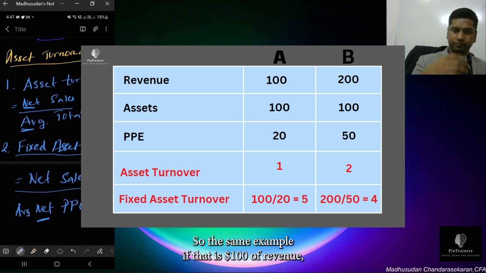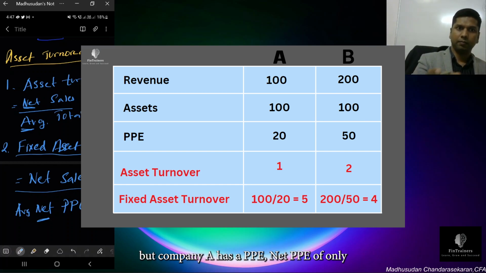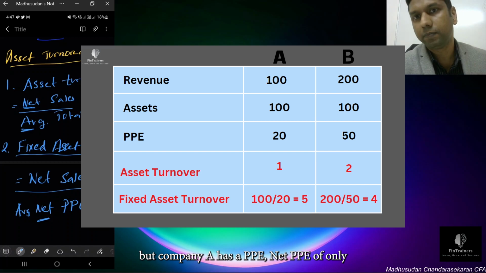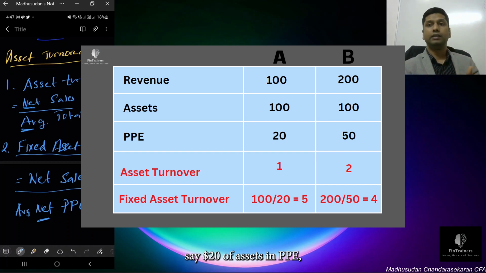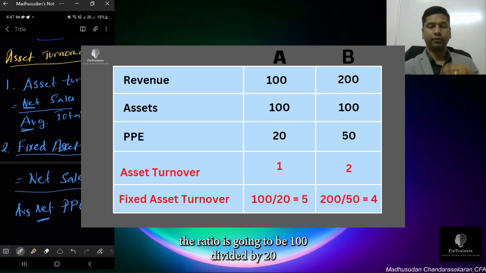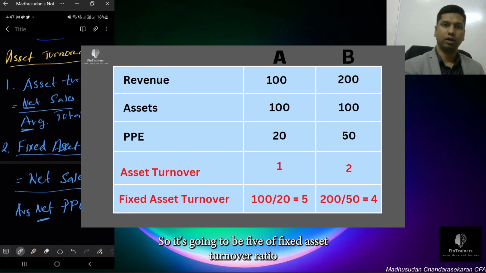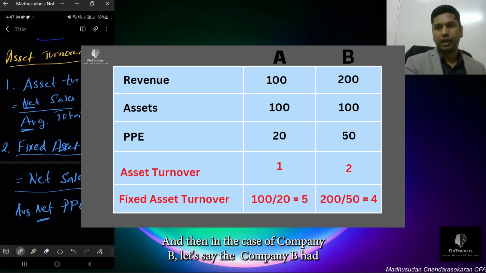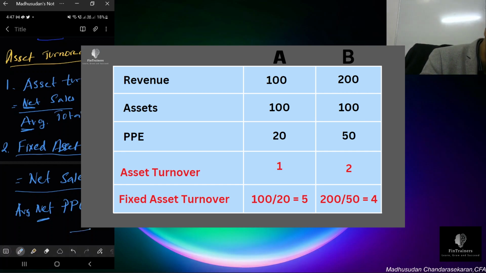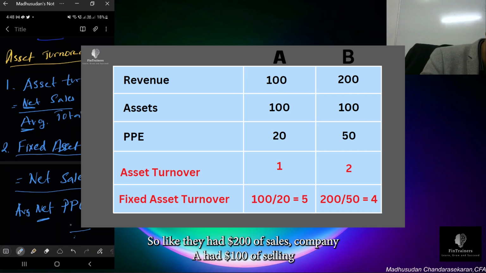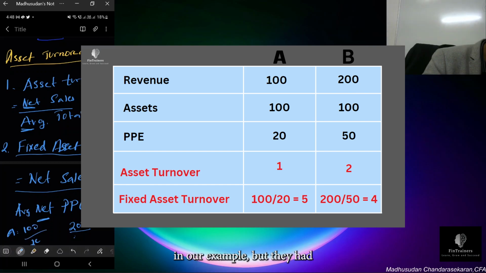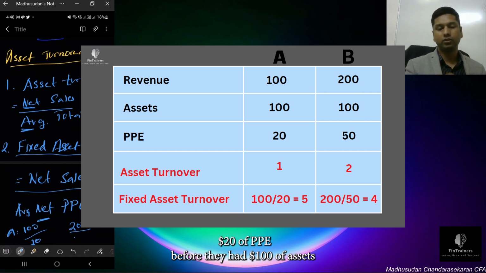So the same example, if there is $100 of revenue, but company A has a net PPE of only say $20 of assets in PPE, the ratio is going to be 100 divided by 20, so it's going to be a fixed asset turnover ratio of 5.